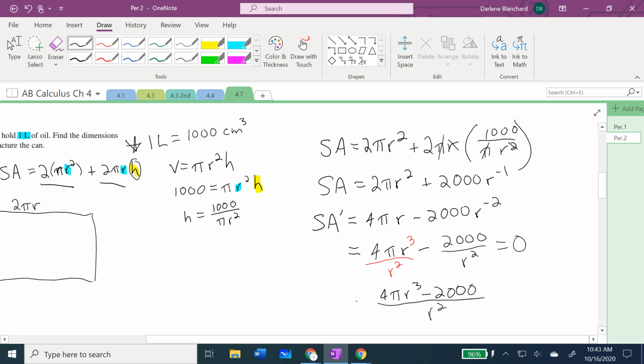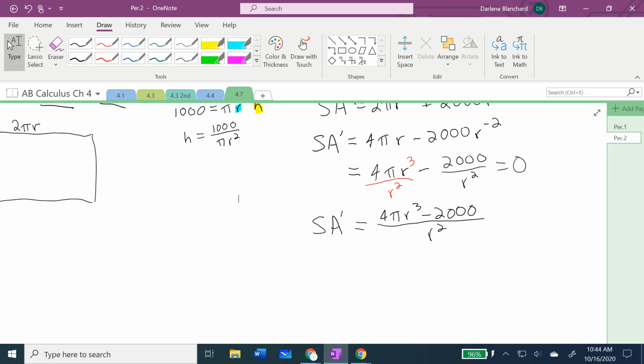Now, this function is undefined when r is 0, but it doesn't make sense in the domain. If you don't have a radius, you don't have a can. So while 0 is a critical number of that equation, it's not in the domain of consideration. So now the only thing I need to do is solve for what makes the numerator equal to 0.